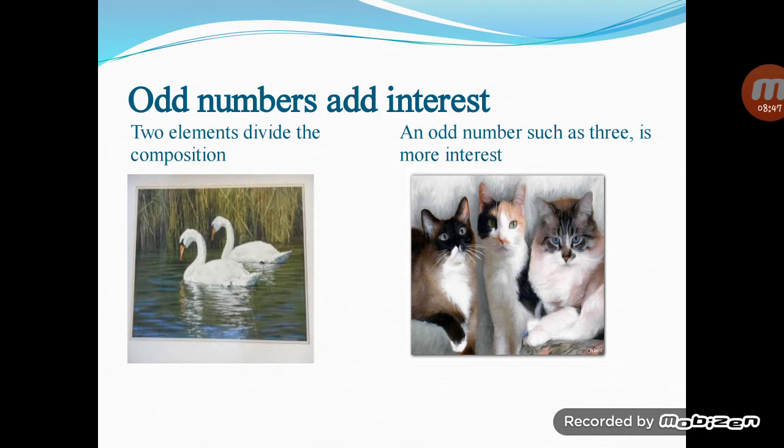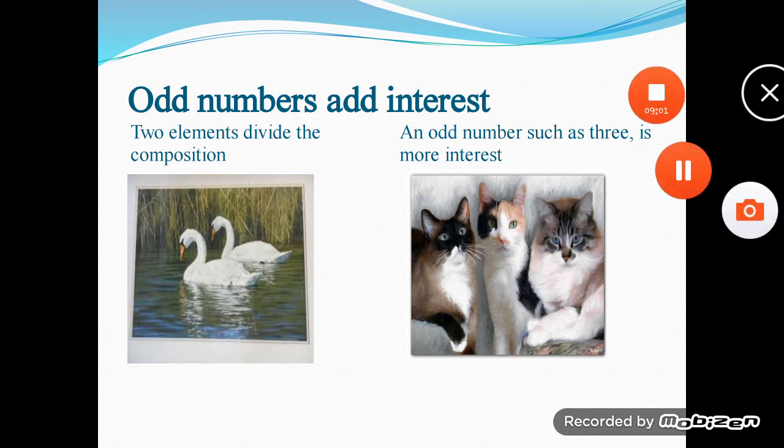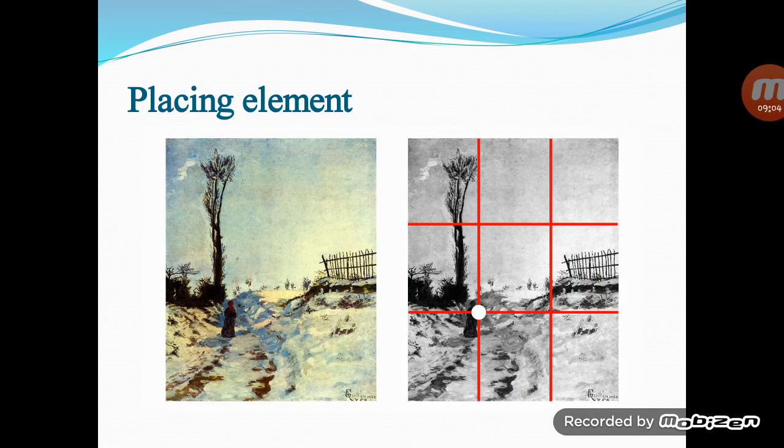Odd numbers add interest. Two elements divide the composition. An odd number such as three is more interesting.